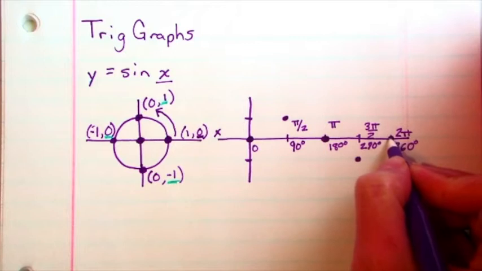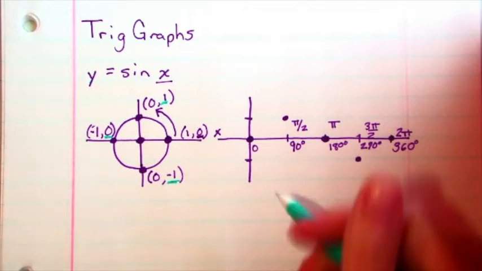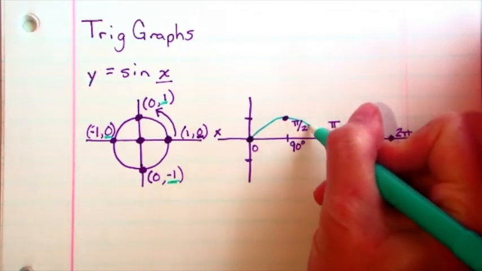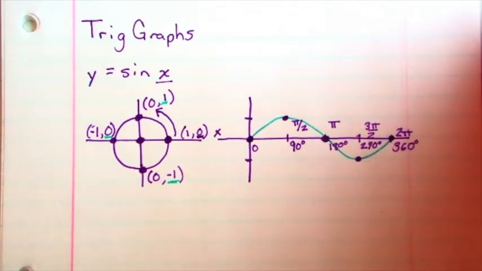Now we can keep making as many rotations around this circle as we want to. It goes on forever in both directions. So let's look at what this looks like. This is called a sine wave. And that's one period of the graph.